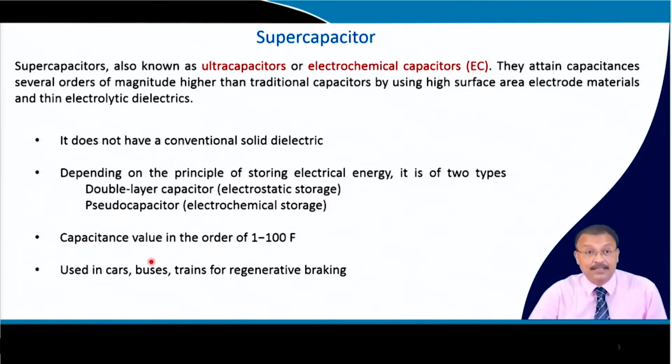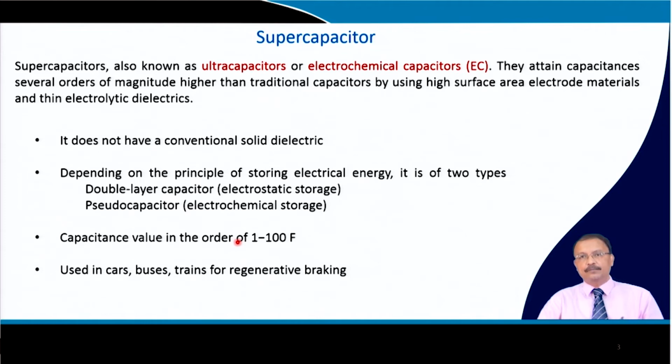The capacitance value is very high, in the order of 1 to 100 farad you can get, and mostly they are used in cars or buses or trains, where during braking, when they are in motion and you apply a brake, that energy is used to charge this capacitor. If you differentiate between battery and capacitor, in case of a battery, it requires some time to charge, because diffusion is involved.